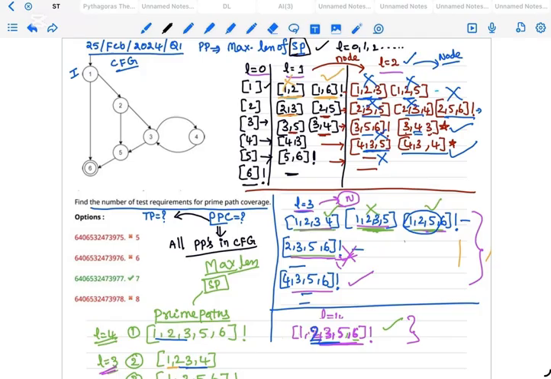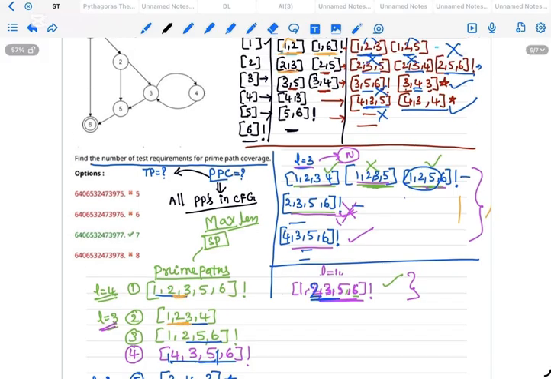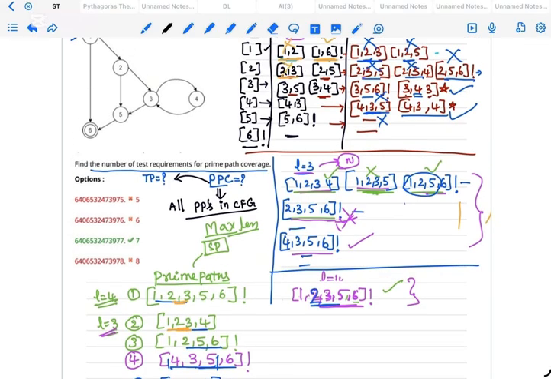Next one starts with 2. 2 3 is here, right? 2 3 is here, here also. It's not a prime path. 2 5 is here, so it's not a prime path. 3 5 is in the length 3 path, so it's not a prime path. 3 4 is covered.